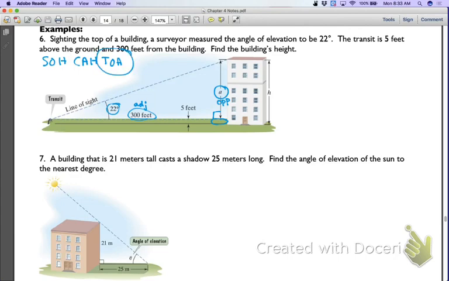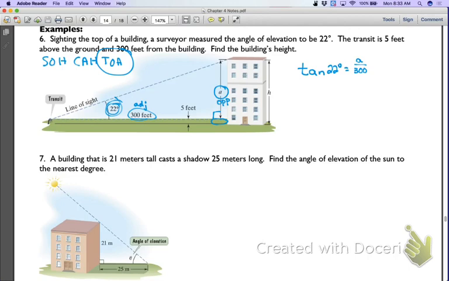So I'm going to take tangent of 22 degrees, and it's going to be equal to opposite, which is A, over 300. I need to solve for A. I'm going to find the building's height. It's going to give me a random decimal.